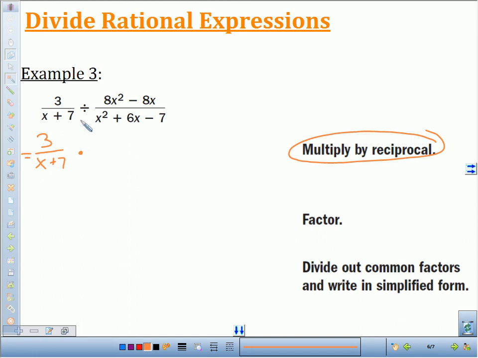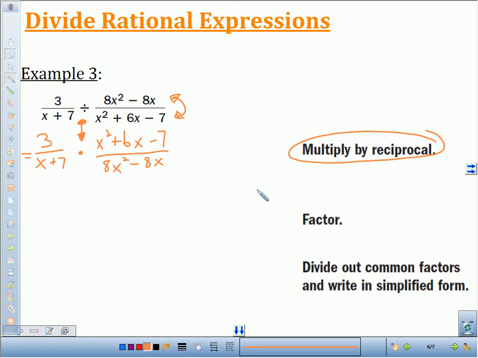But now, instead of dividing, right, division becomes multiplication, and we take the reciprocal of this guy. So, x squared plus 6x minus 7 goes on top. 8x squared minus 8x goes on bottom.